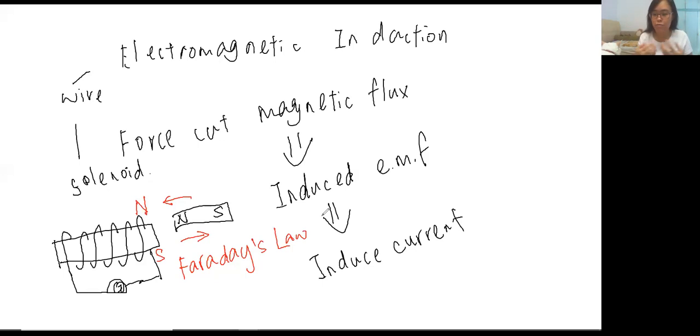Correct, the speed of motion, or a stronger magnet, because all of this will help to increase the rate of change of the magnetic flux. Correct, a thicker wire, because it will produce lower resistance. So this is what we have learned on last lesson.